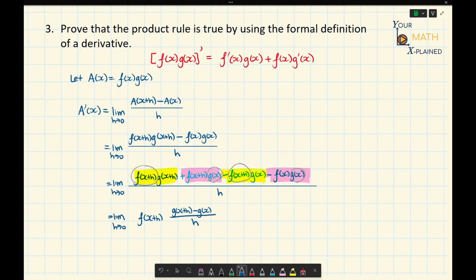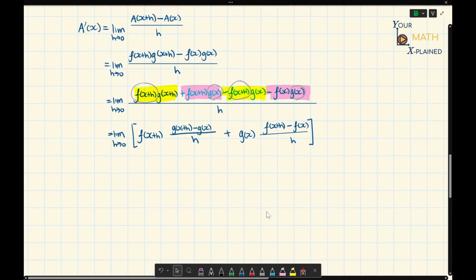And then combining the two terms highlighted in pink and factoring out a g of x, we get f of x plus h minus f of x over h. Remember, we're taking the limit as h goes to 0 of this entire thing. And now we're ready to apply our limit law.